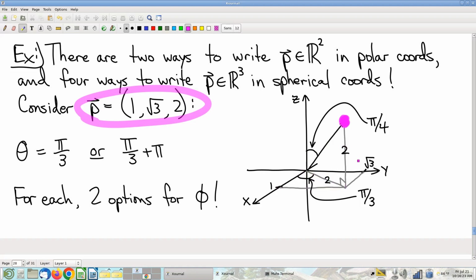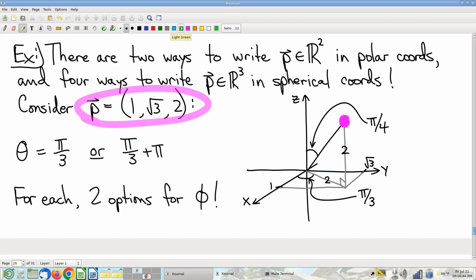It's not hard to persuade yourself that this angle here is pi over 3, and that this angle right here is pi over 4. That's just a little bit of trig. Make sure you can do that. That said, how would I write this point in spherical coordinates?